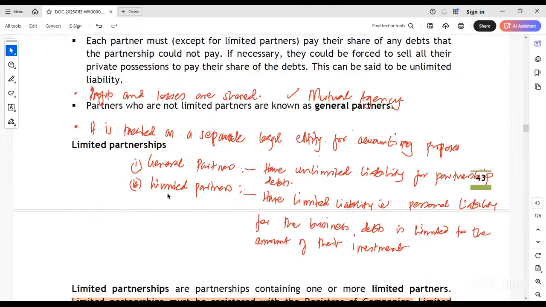In a limited partnership, we have general partners and limited partners. General partners have unlimited liability for the partnership debts. Limited partners have limited liability.